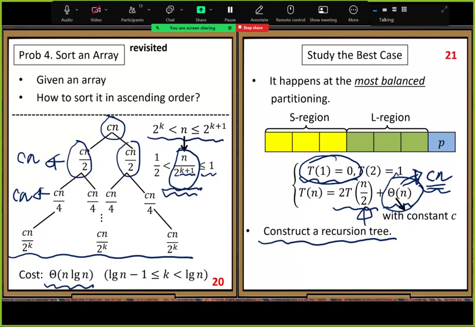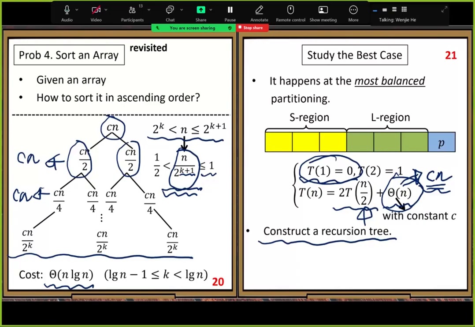So this is the recursion tree method you can use to estimate the total comparison cost for Quicksort. It's a simple way.